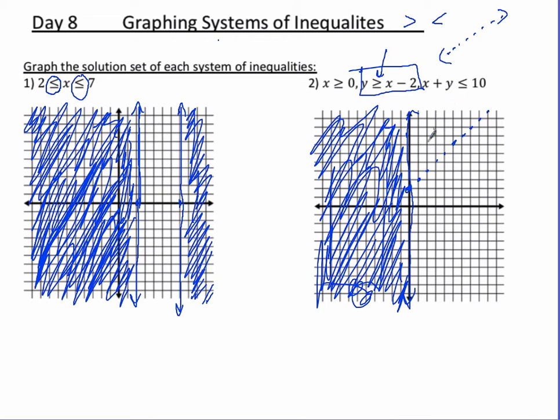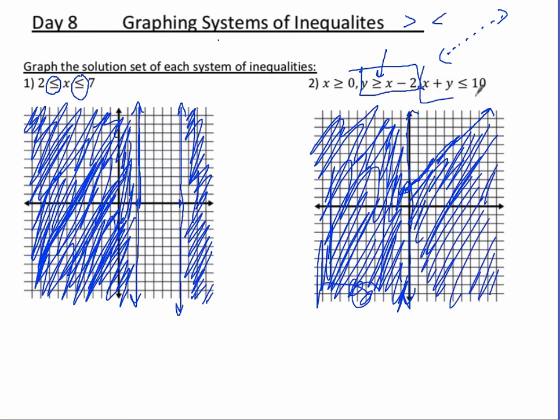So I should have included some examples, but in this case we don't, so we're going to do a solid line. Okay, solid line, and greater than, so we want to leave these points here white. Points up here are where the y value is actually greater than x minus 2. So leave that white, and we'll shade in everything down here.